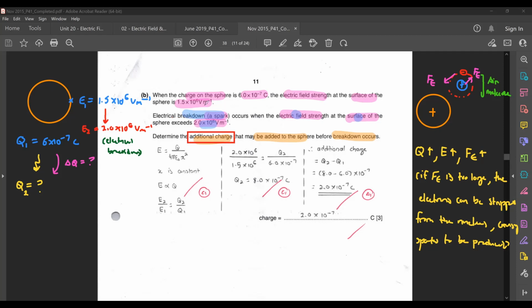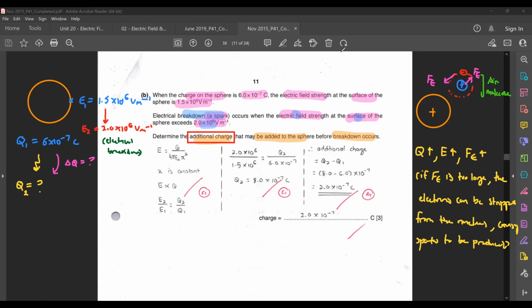It is when you increase your charge enough so that the electric field strength becomes strong enough, and your electric force is also correspondingly strong, such that it is actually stripping away the electrons from your nucleus. So when your electrons get stripped away from your nucleus and start to move towards your sphere, that is what you are seeing as a spark here.